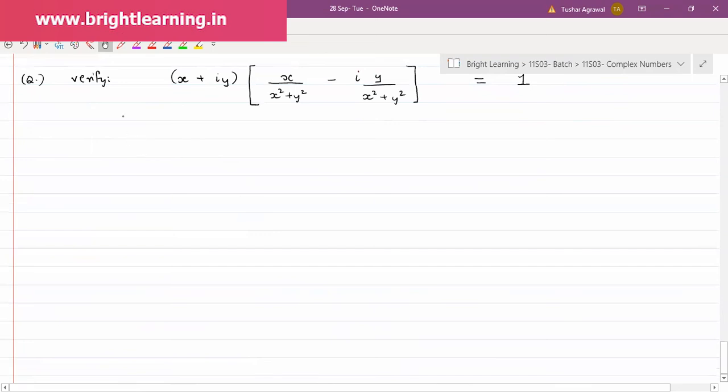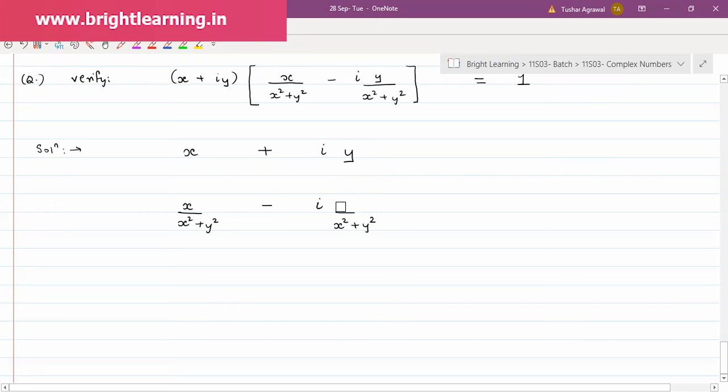So my one number is x plus I times y. My other number is x upon x square plus y square as the real part, and the imaginary part is minus y upon x square plus y square. The imaginary part is not minus I times; it is minus y upon x square plus y square.